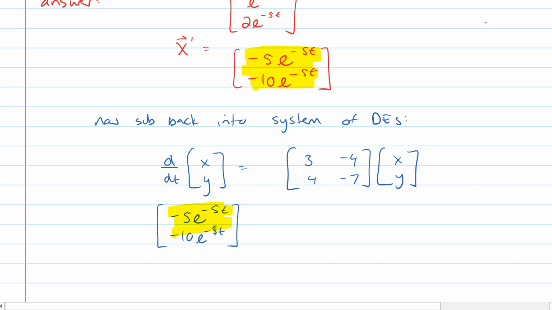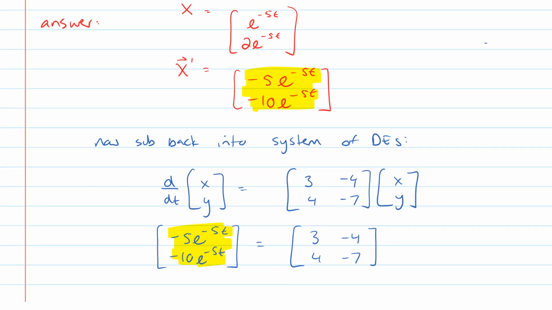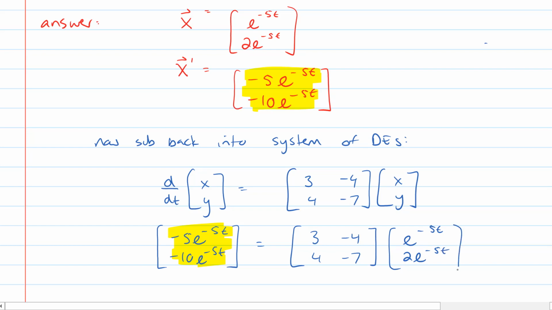That goes there. Equals 3, negative 4, 4, negative 7. And then our (x, y), as you recall, we know that (x, y) is e to the negative 5t and 2e to the negative 5t. That's from our original statement of x, which is our solution.